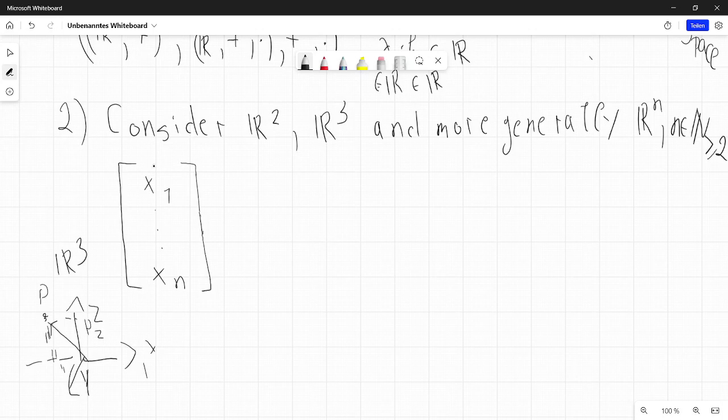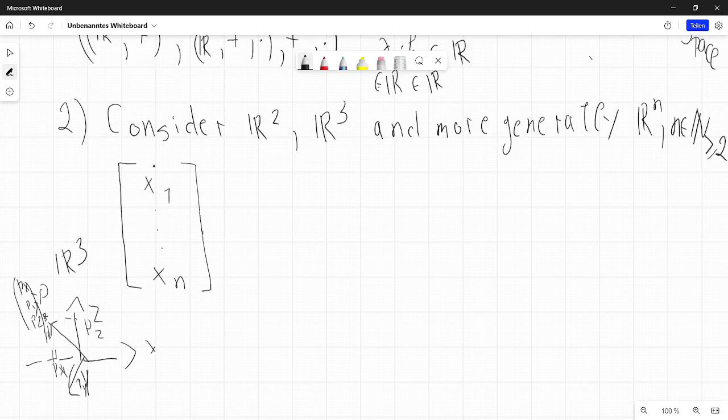This here is its Px coordinate, and that here is its Py coordinate, and the point itself is (Px, Py, Pz).